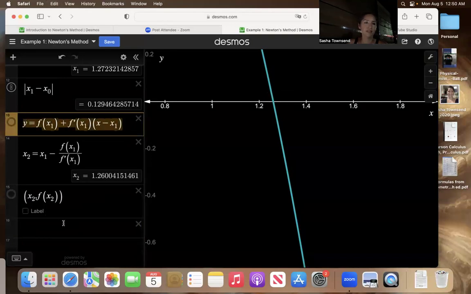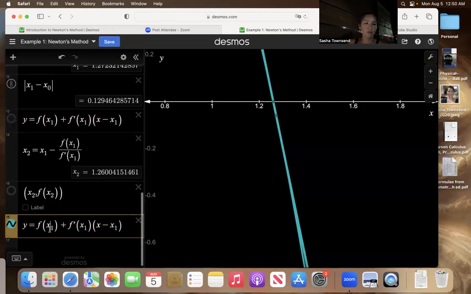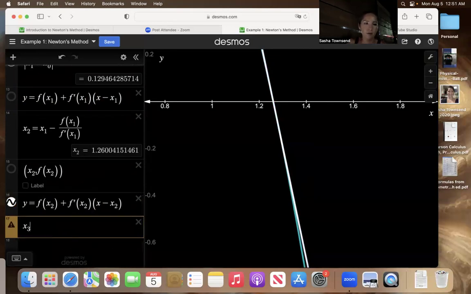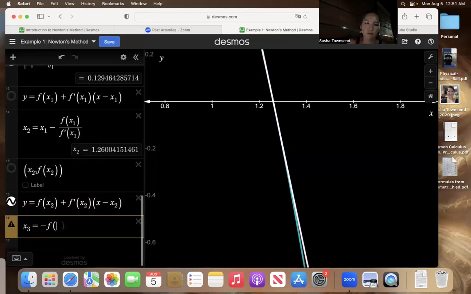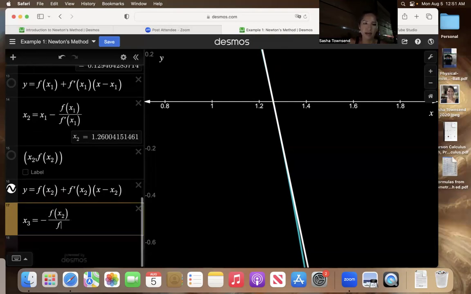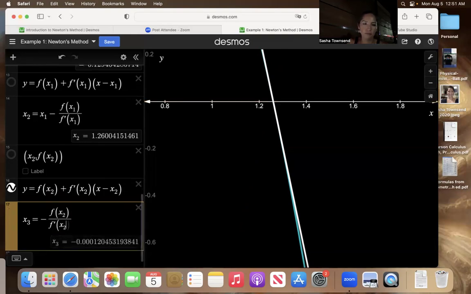Just find the equation of the tangent line at x2. So f of x2 is our y value, and then we have the slope at x2 times x minus x sub 2. And then x sub 3 will be the x value that causes the y value in this graph to be 0. So we'll have 0 minus f of x sub 2 divided by f prime at x sub 2.